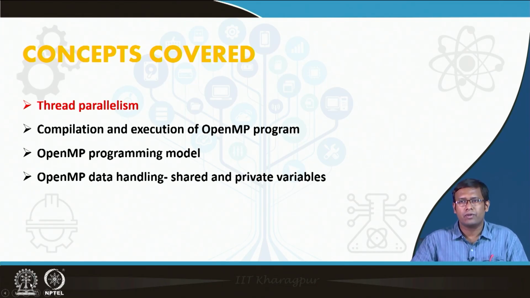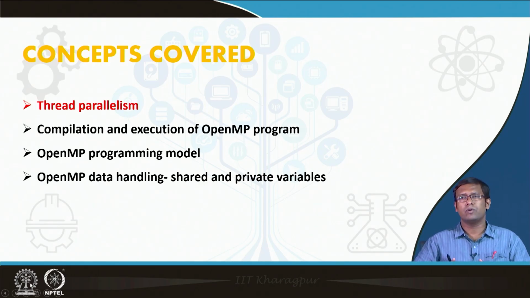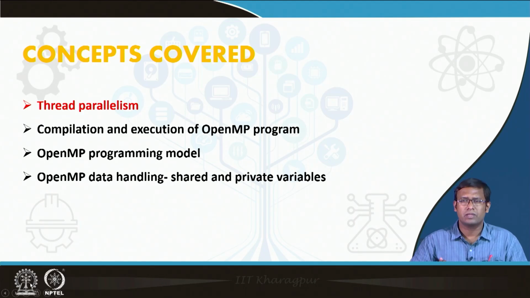In the sequential part, only one thread will be active. When one goes to the parallel part, he can launch a number of threads. What will be the number of threads? That can be determined by the programmer, that can also be determined by the person who is executing it. There are some thumb rules for finding out the number of threads for different cases. Some of these cases we will discuss, but he will launch a number of threads. So there is a single thread which is active in the sequential part, then multiple threads are launched when the parallel part of the program is coming, and then again when this parallel part is over, it will join the threads and only one of the threads will be active.